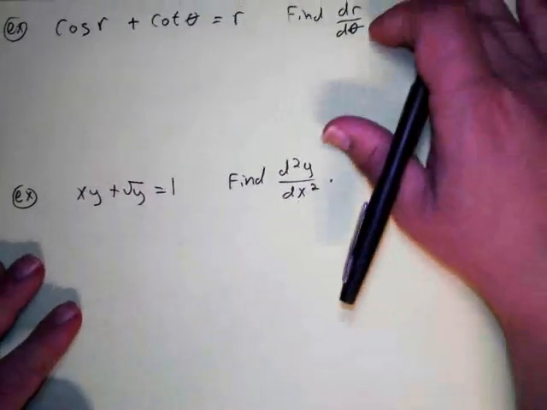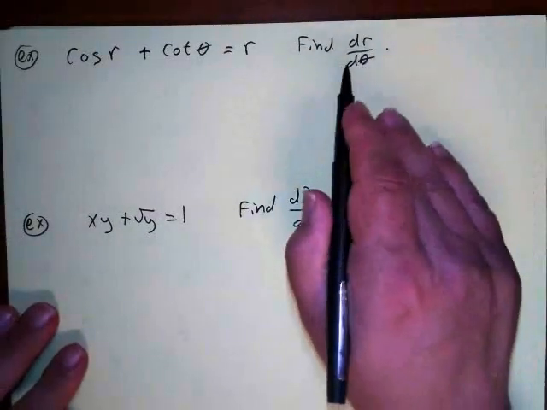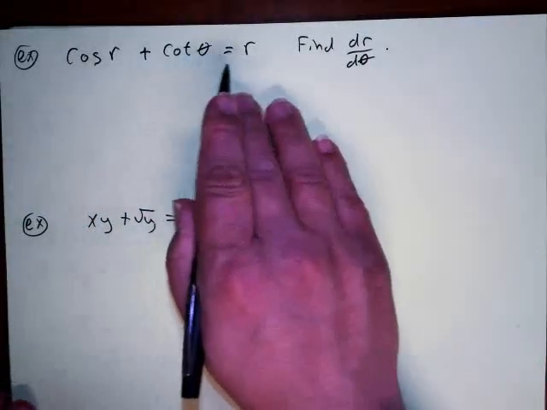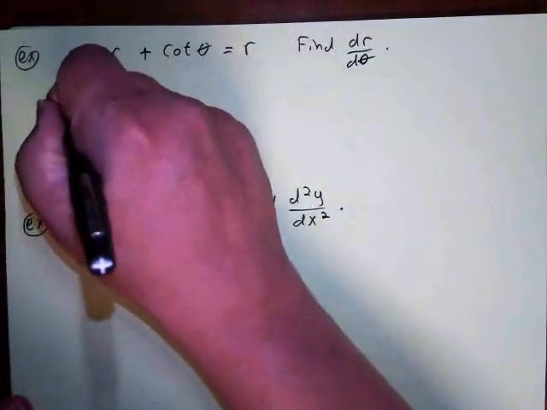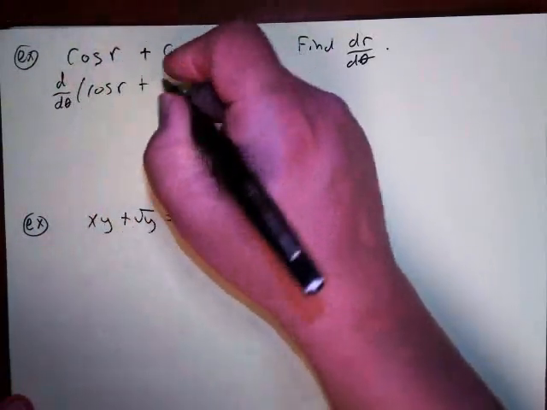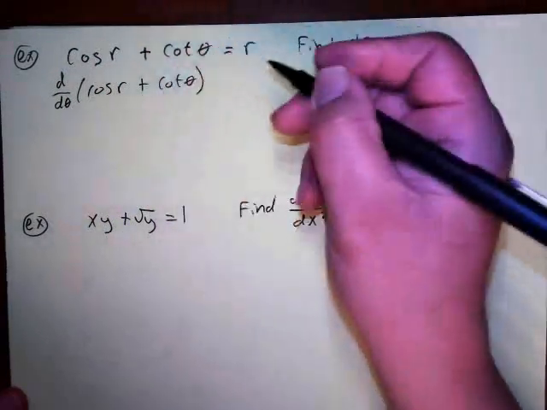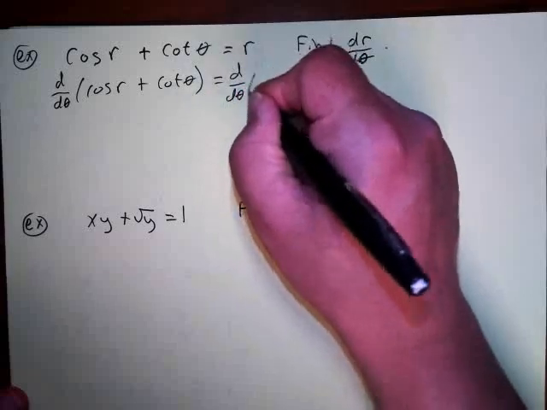So let's try this one. Now this wants us to find dr/dθ, so the rate of change of r with respect to theta. So I'm going to take d/dθ of cosine of r plus cotangent of theta, and then d/dθ of just r.